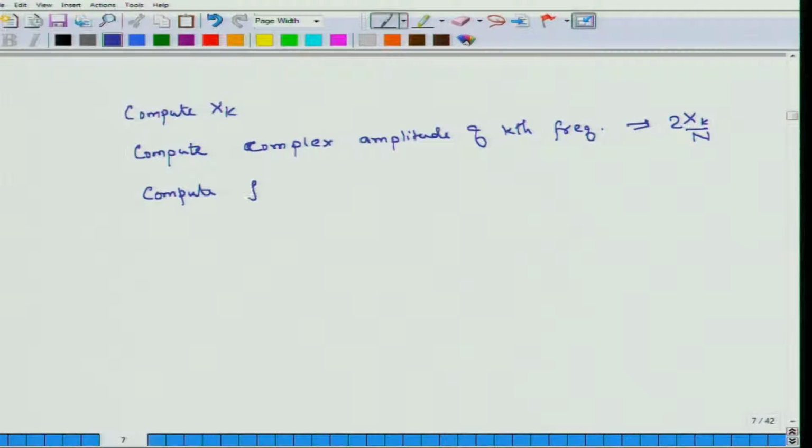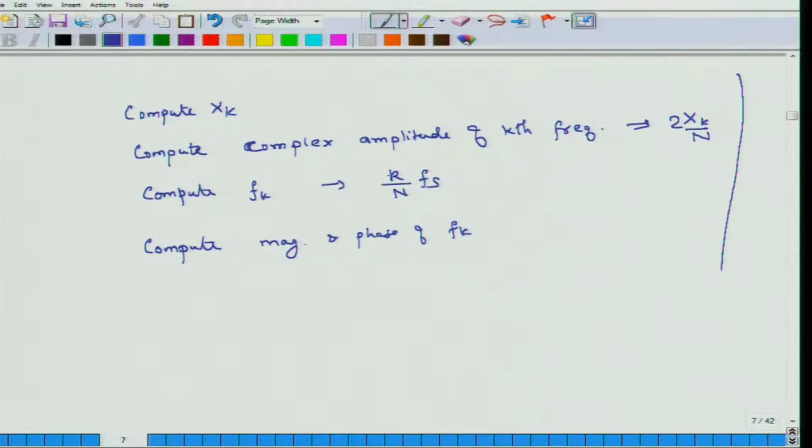Compute Fk, and how do you compute Fk? It is k over N times Fs, right? And then compute magnitude and phase of Fk using the relations which we have discussed earlier.